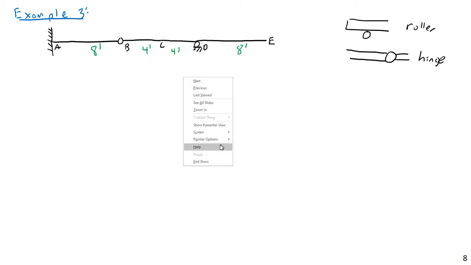Here I think I actually will go and get the reactions, because getting the reactions here is a little bit complex. Actually, before I look at the reactions, let's show the loads. From here, I have a 2 kip per foot distributed load.